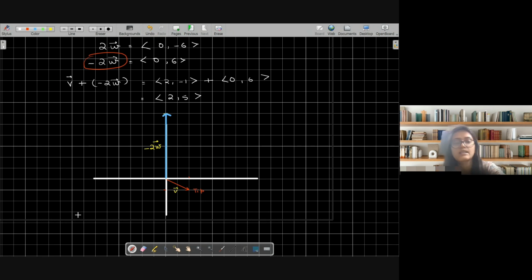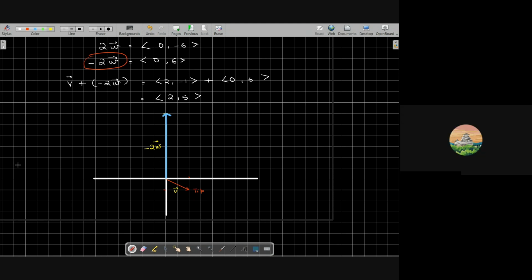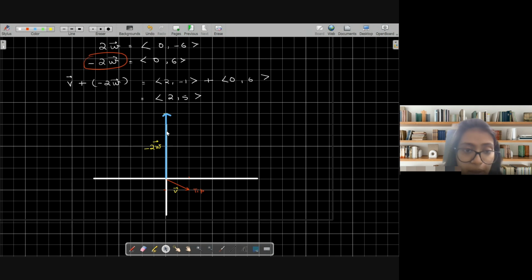And now what was the next step? We have to keep it on top of the tip, like the end should touch the tip. So I will pick up the second vector and put it on the top of the tip like this. And then we will connect the tail of the first vector and the tip of the second vector.